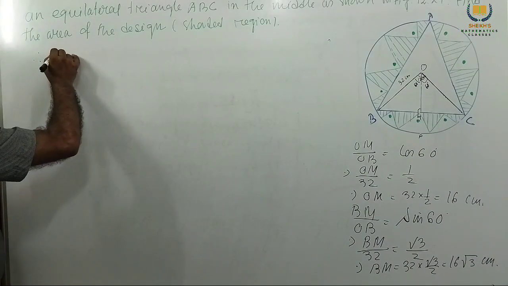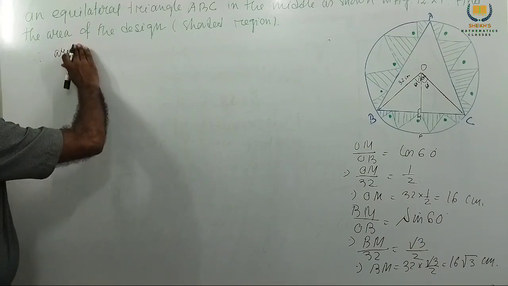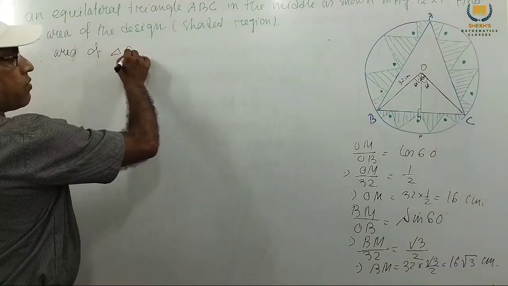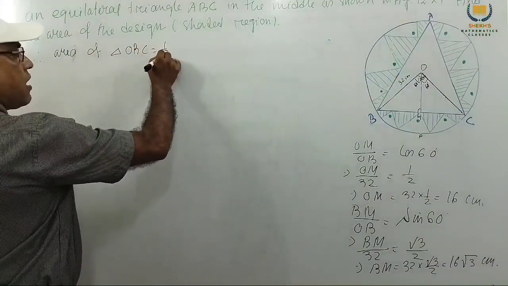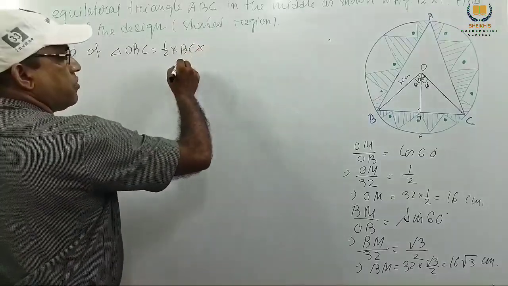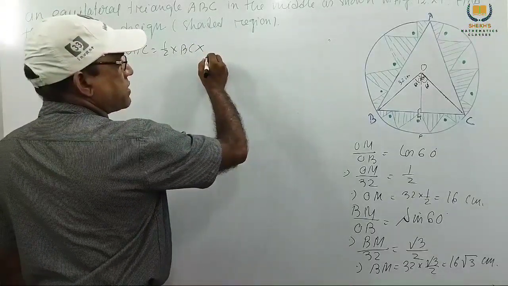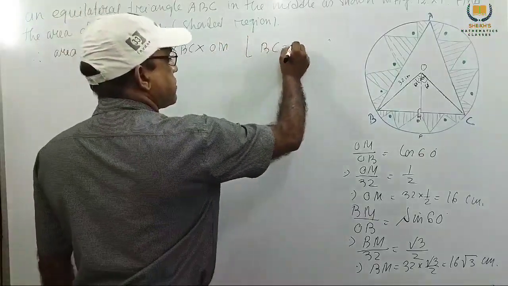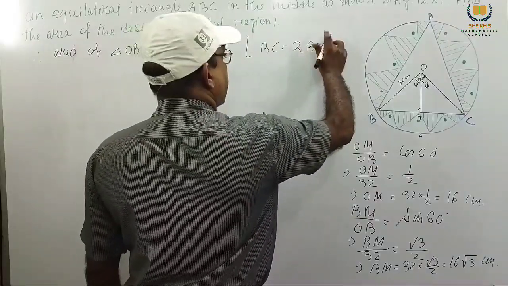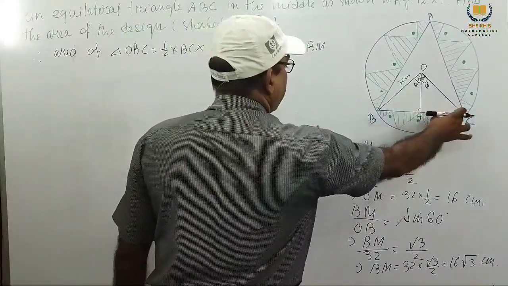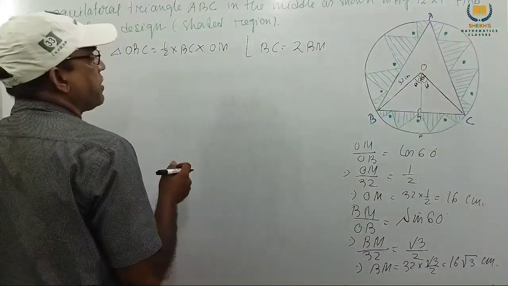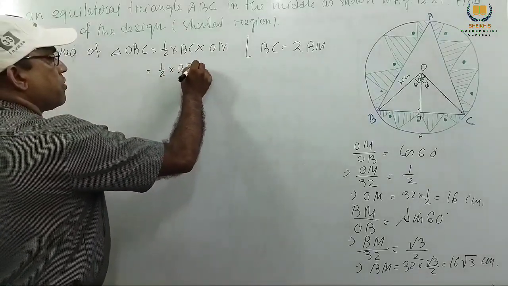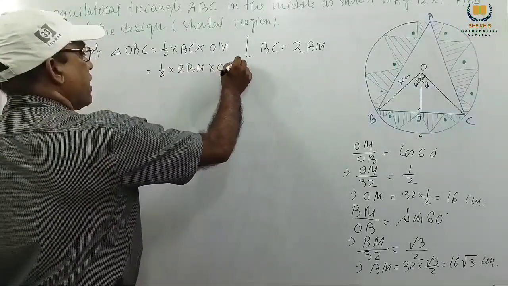Therefore area of triangle OBC equals half into BC into OM. Again BC means 2BM because M is the midpoint. BM and MC are equal. So we can write 1 by 2 into 2 into BM into OM.